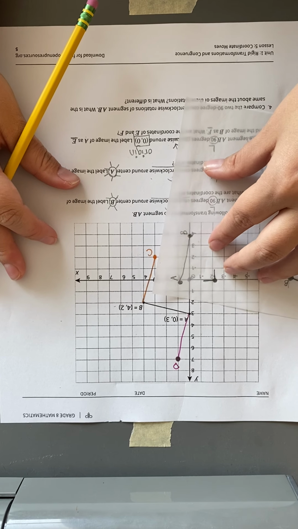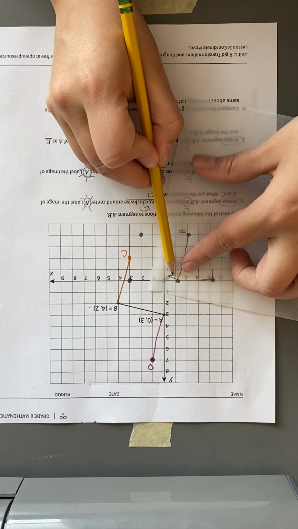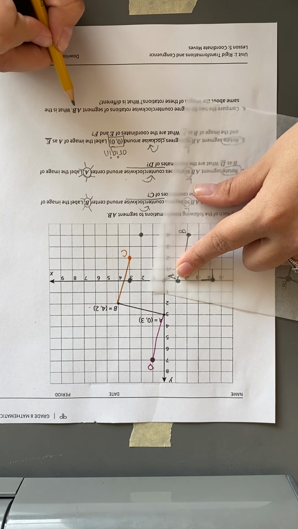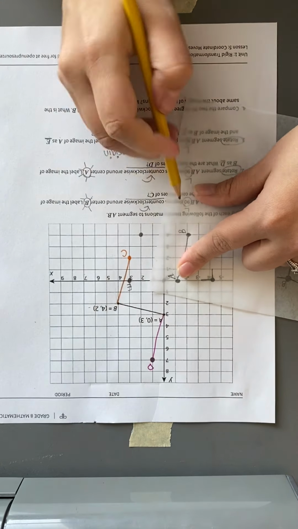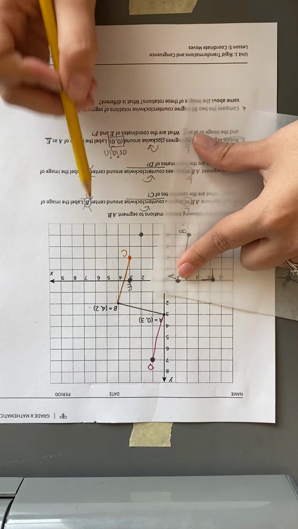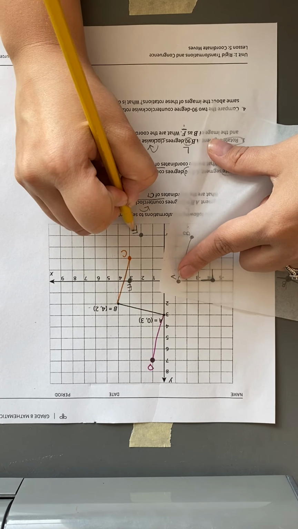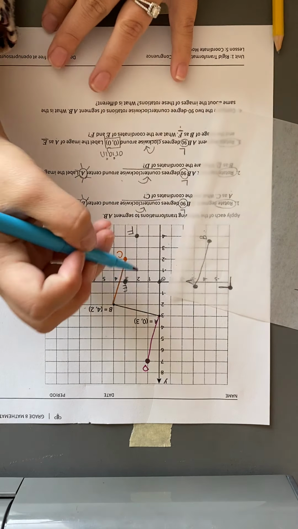I'm going to just carefully slide this over because I want to remember what I need to label it. So instead of A, it wants me to write E. And instead of B, it wants me to write F. I'm gonna go ahead and trace this line in blue.